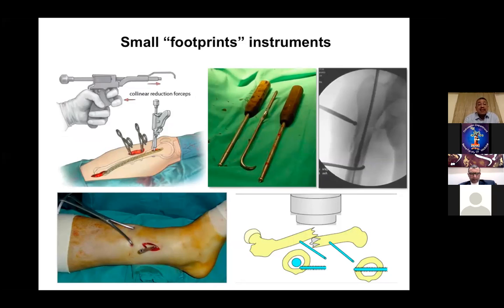These tricks, like the joystick technique, when you do intramedullary nailing, you can use such a trick. This will help you to reduce the time needed for reduction and minimize the exposure to irradiation. Again, we have the pointed reduction clamp that can be inserted percutaneously, as we can see here in the picture on the left side below.